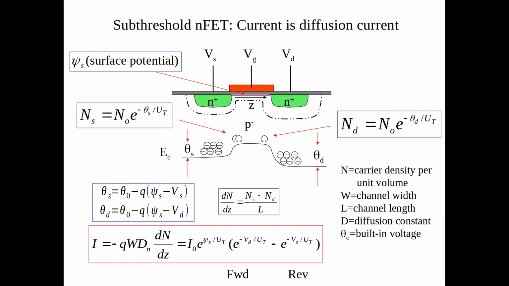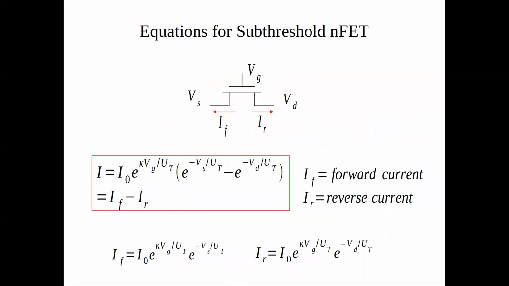It's correct, and so maybe the other one is wrong. Here it's putting forward and reverse, but it's e to the minus. Yeah, you're right, there is some mistake somewhere. But the drawing is correct. The writing is right.